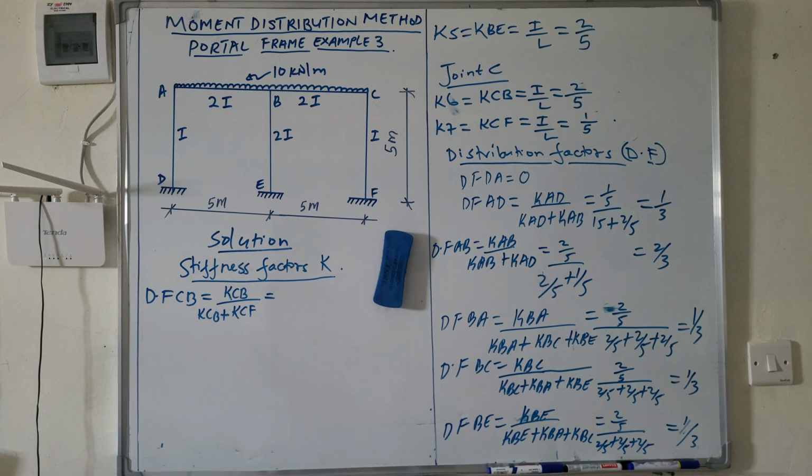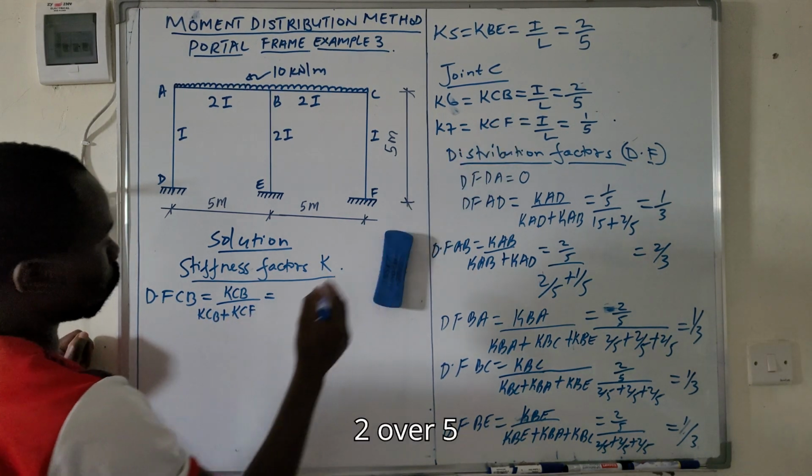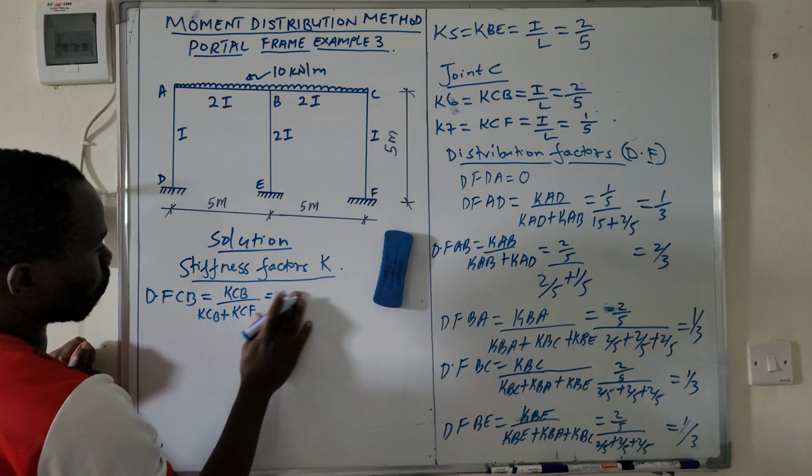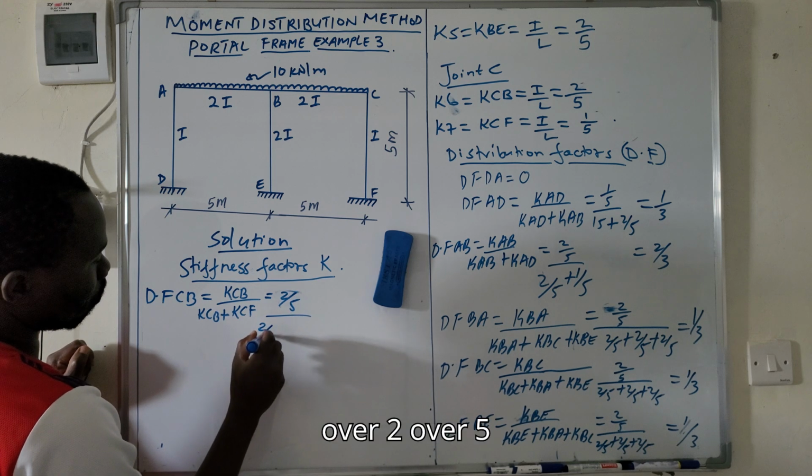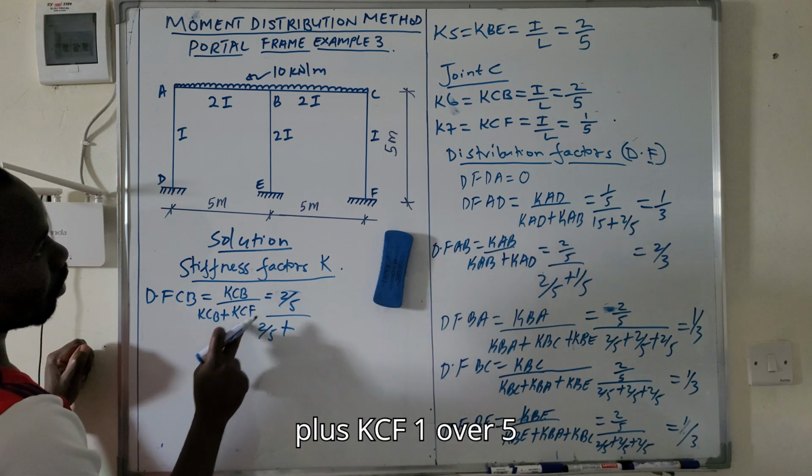KCB is 2 over 5, over 2 over 5 plus KCF, 1 over 5.